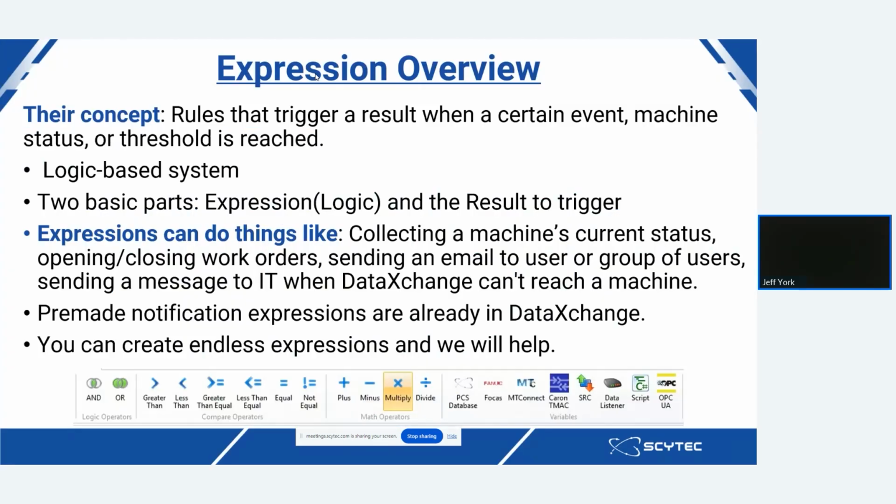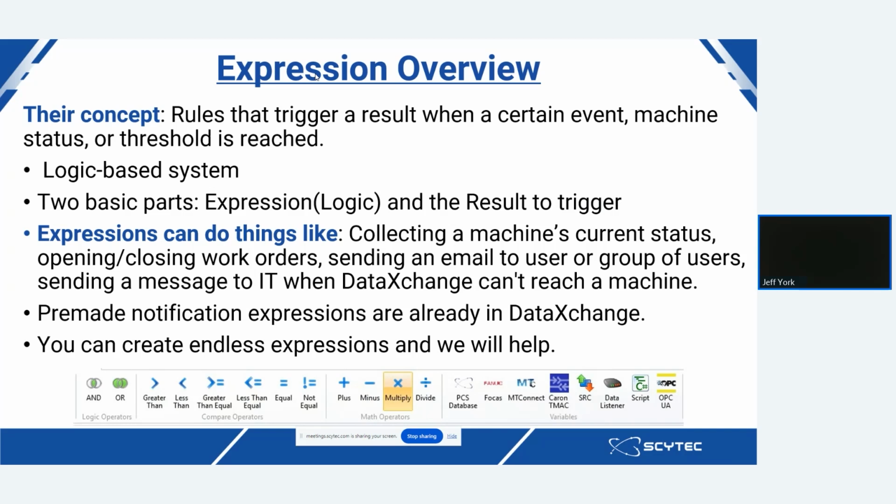An overview of expressions: the concept of expressions are rules that will trigger a result when a certain event, machine status, or threshold is reached. Expressions are a logic-based system that can be broken down into 2 parts. The expression itself is the logic, and the second part of that is the result to trigger that notification, email template, text template, and Microsoft Teams template that will then reach your inbox.